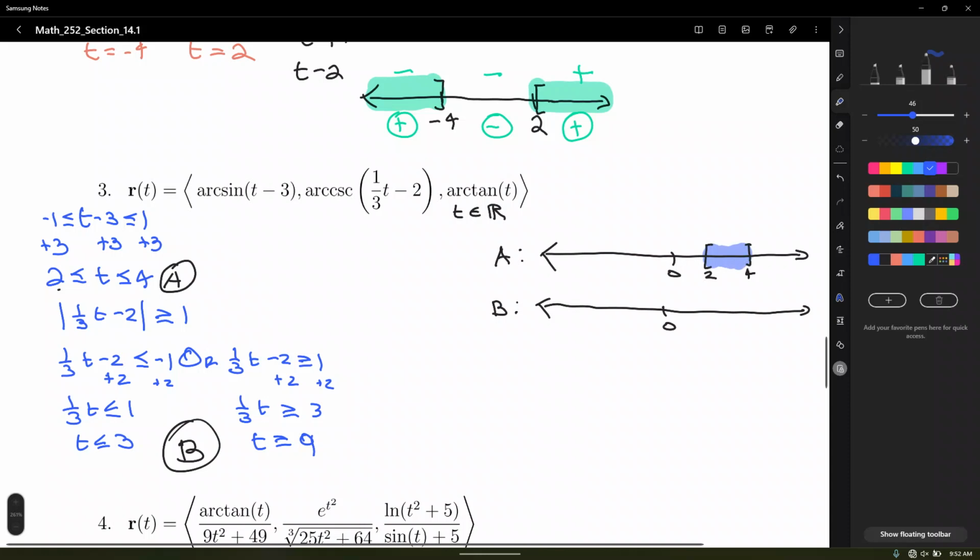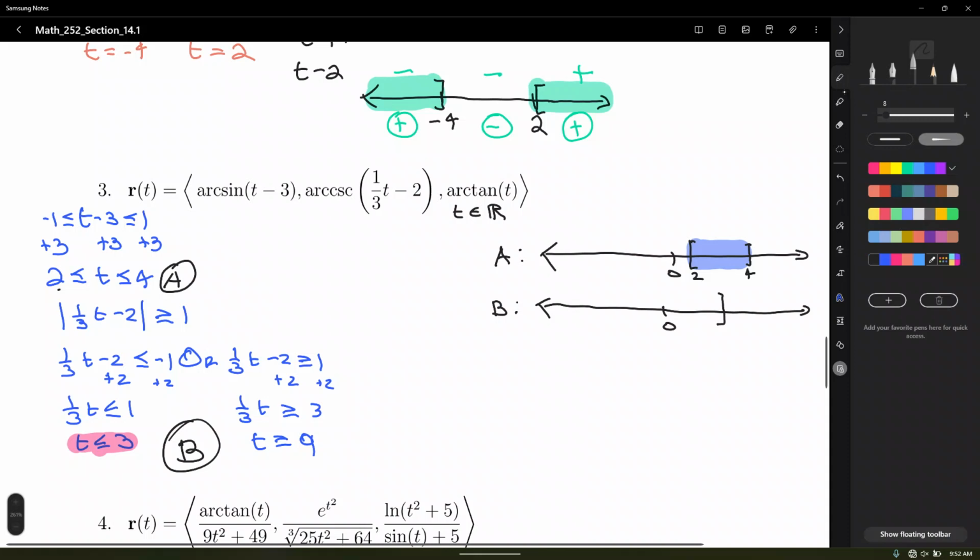And the second set, careful, because this is comprised of two inequalities. Number one, t less than or equal to 3. That means, let me go to the number 3. Actually, let me make this a little smaller, so I'm going to need more space. So 3 is roughly here between 2 and 4.